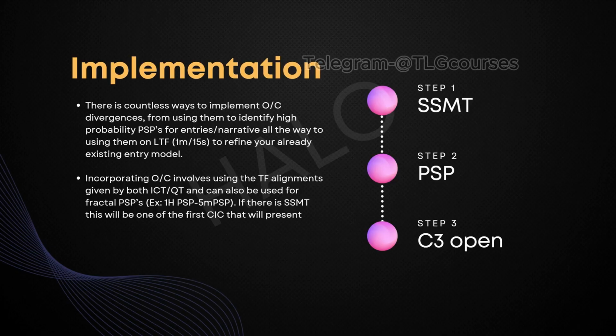Now, a lot of the times people get confused and they say, Halo, but there's no PSP on the time frame alignment given to us. Well, there doesn't have to be, according to QT, right? You ideally want to have it into the time frame alignment given to you, right?